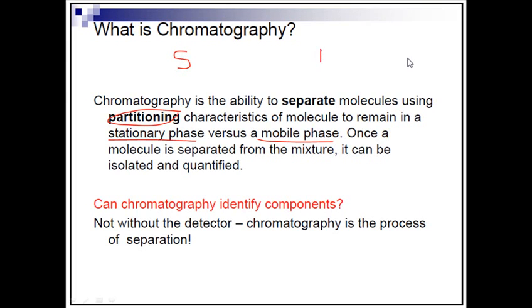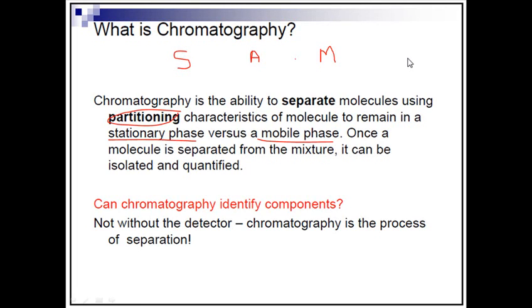On the other side, I have the mobile phase, where the molecules are always mobile. That means they can be transferred from one place to another, they are not stationary. And we have the sample molecule we need to separate. We call it the analyte, or A.